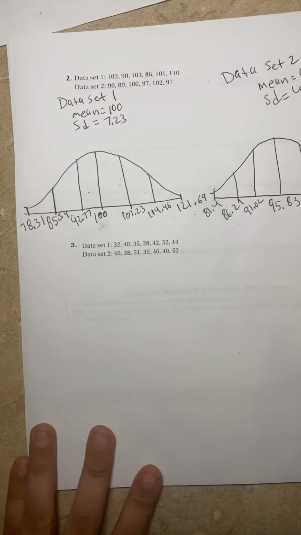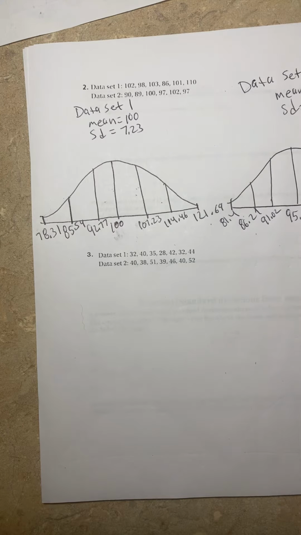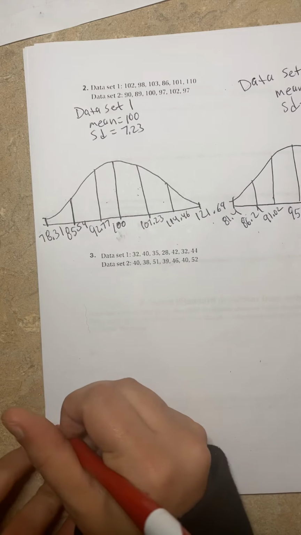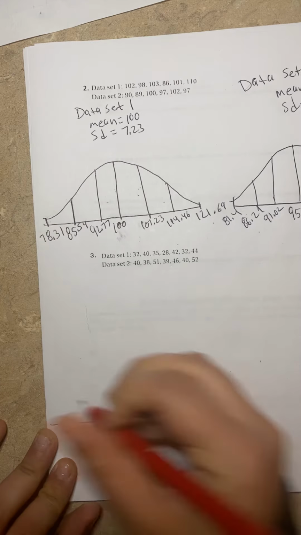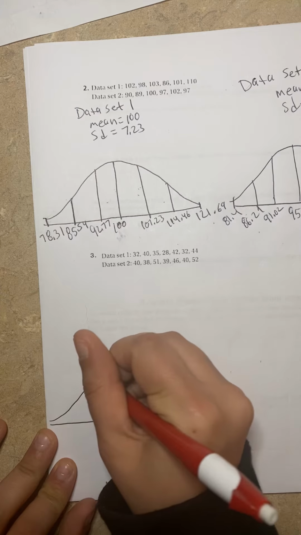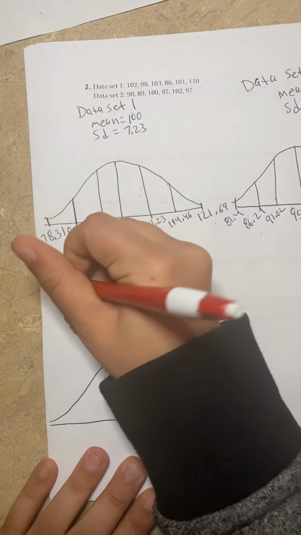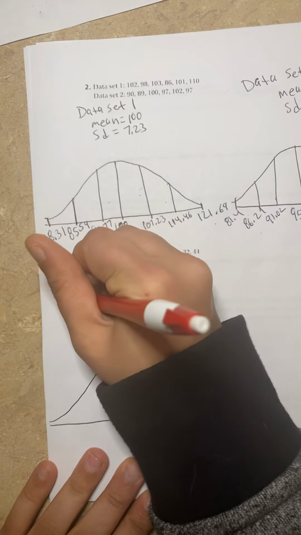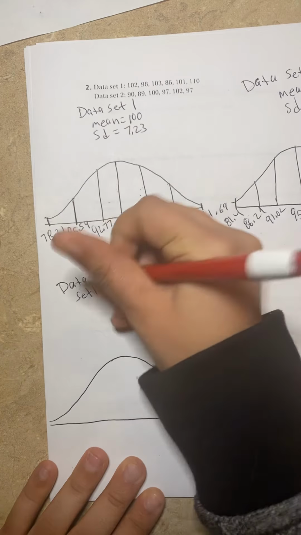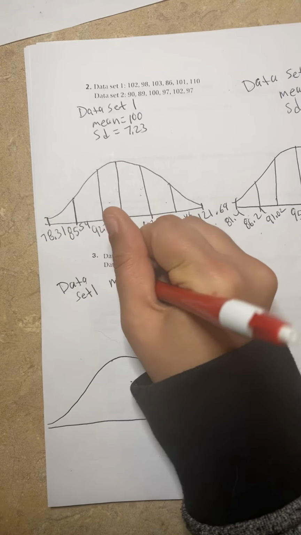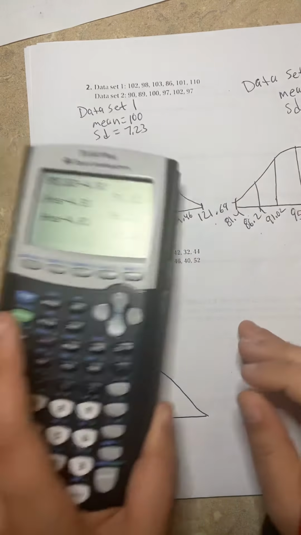Okay, so then on this number 3, again, we're going to do the same thing, finding our standard deviation with our data set. So with data set 1, again, we need to find our mean and our standard deviation.